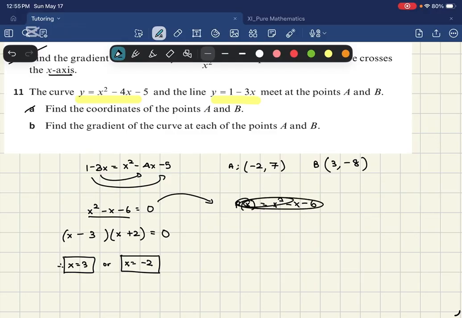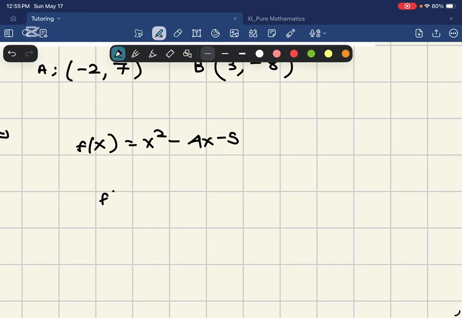Wait. Let me think about it. I think using either equation works, to be honest. So f of x is equal to x squared minus 4x minus 5. All right. So if I differentiate this, I get 2x minus 4.